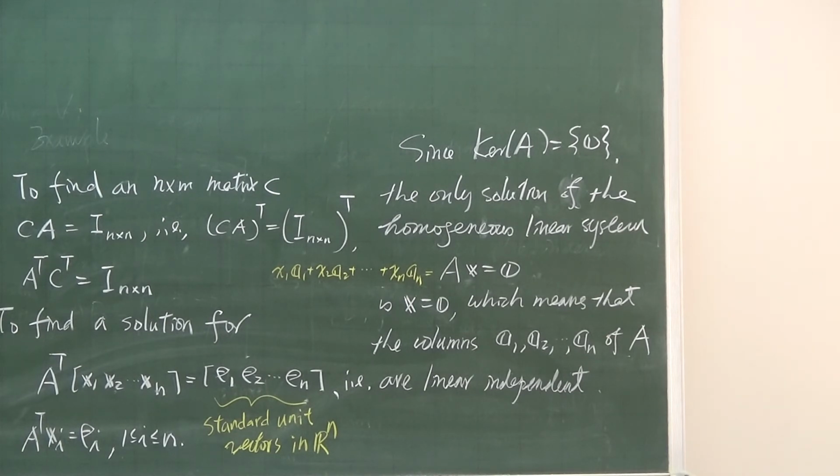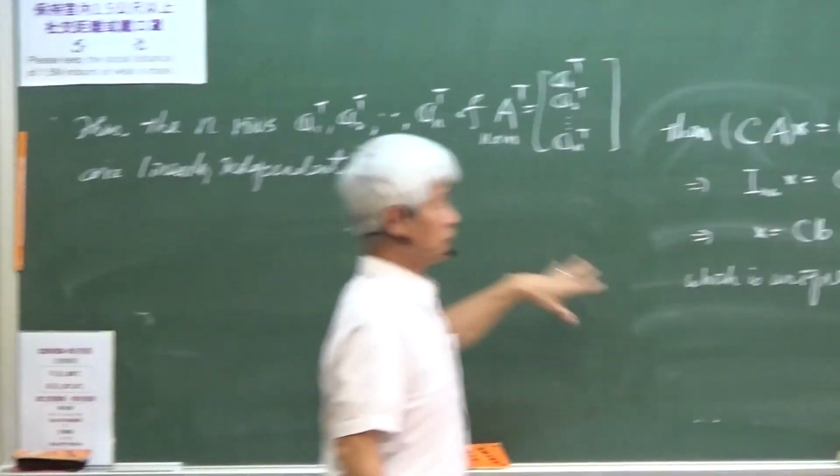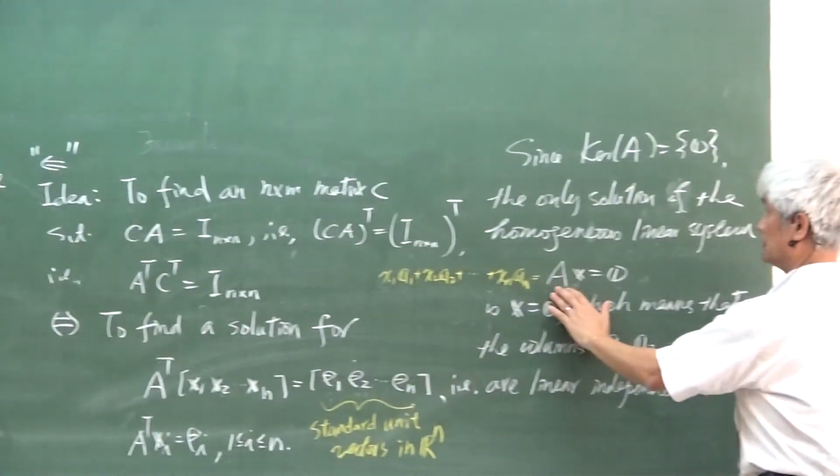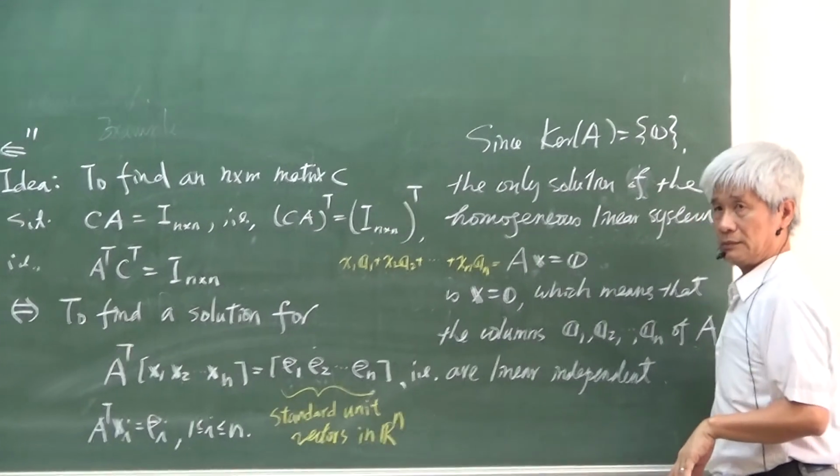Okay? So for A transpose, the n rows are linearly independent, because any linear relation on the n rows is one-to-one corresponding to a linear relation on the columns.